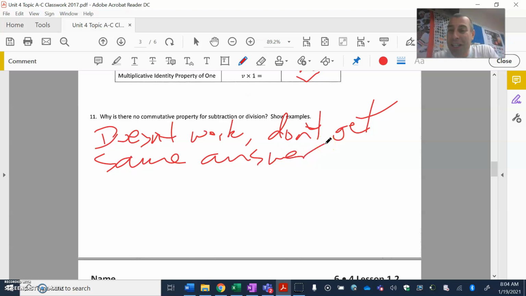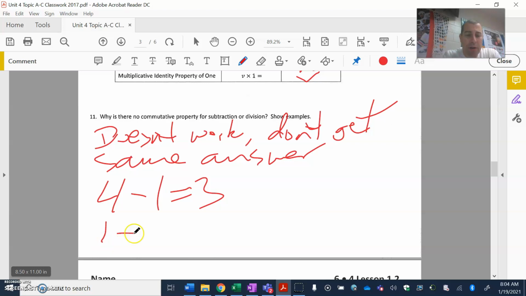For example, if you take a 4 and you take away 1, you're going to end up with a 3. But if you flip the order around, you start at 1, and if you go to your number line and you start at 1 and you count 4 spots back to the left, you don't land on 3. You actually land on -3.